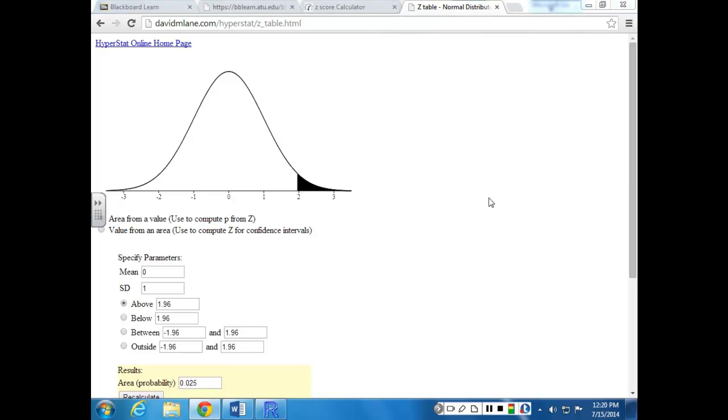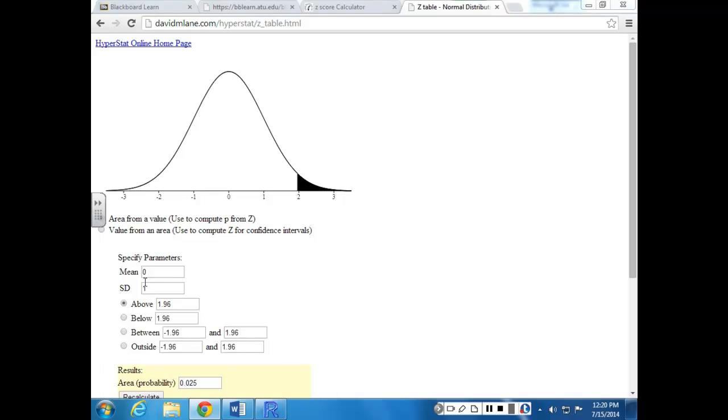From here, I want to show you one other thing. This is an online calculator. So when you're doing homework or something like that, and in fact, outside of an introductory stat class, if you want to compute Z probabilities, go to this website. There are other websites. This one I think is the easiest one to use. There's a link to it on my website.